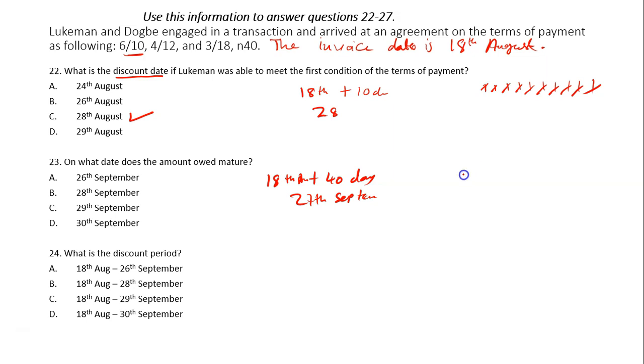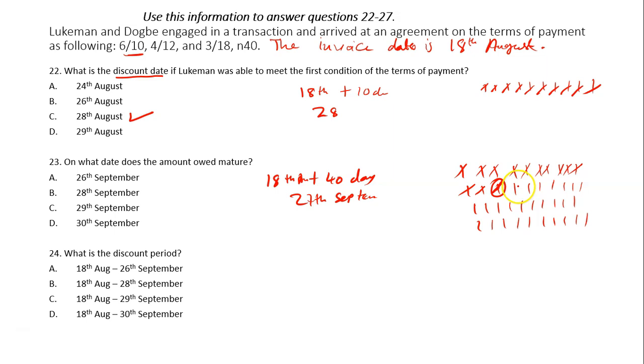Now, let's use fingers for this. Let's draw 40 fingers. 1, 2, 3, 4, 5, 6, 7, 8, 9, 10, 11, 12, 13. So we have 40 fingers here. So 18th, 19th, 20, 21, 22, 23, 24, 25, 26, 27, 28, 29, 30, 31. August ends here.